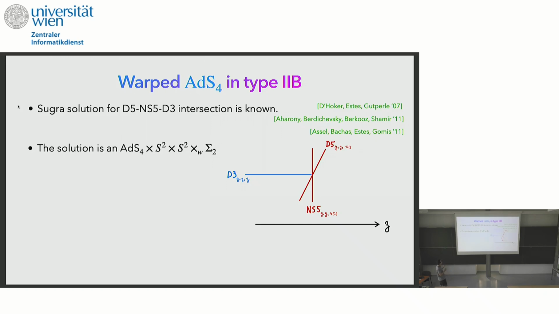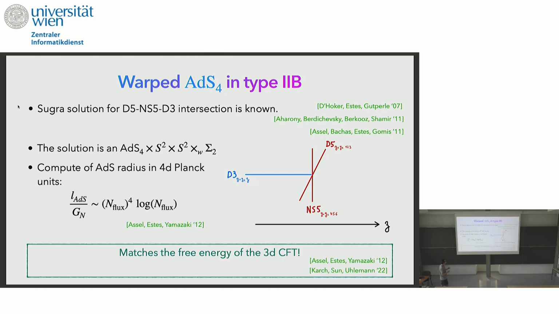The solution has a near horizon limit that is AdS4 times S2 times S2 warped product with a two-dimensional Riemann surface. It's possible to compute the AdS radius in four-dimensional Planck units. This would scale like N to the power 4. And it turns out that there is a nice AdS/CFT correspondence, so you could understand what is happening in the CFT.